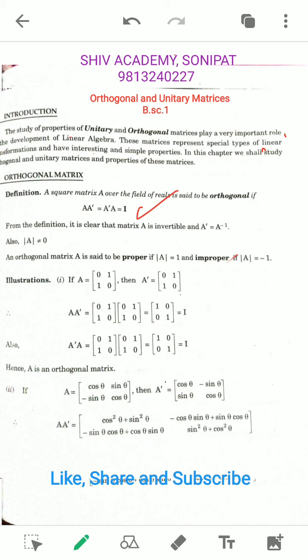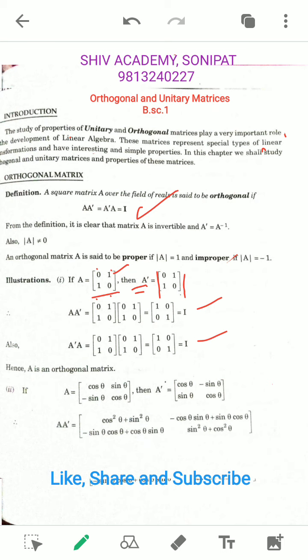Look at the first example. If A equal to [[0,1],[1,0]], then you know very well how we can find A transpose: we interchange the rows and columns. So 0 1 becomes the first column and the second row 1 0 becomes the second column. When we compute these, we get A A transpose identity, and A transpose A is also identity matrix. That's why we can say that this A is an orthogonal matrix.